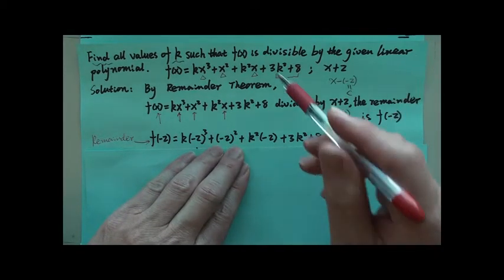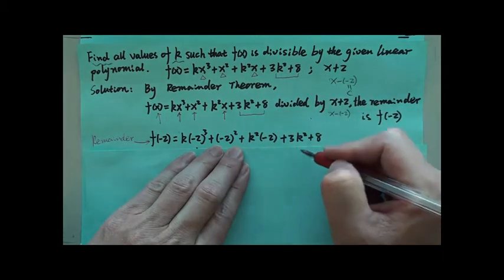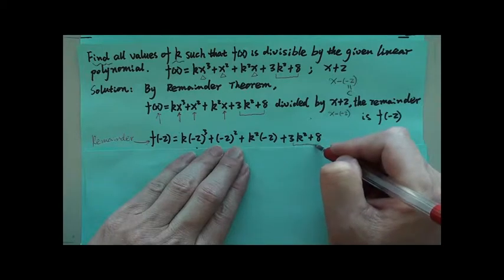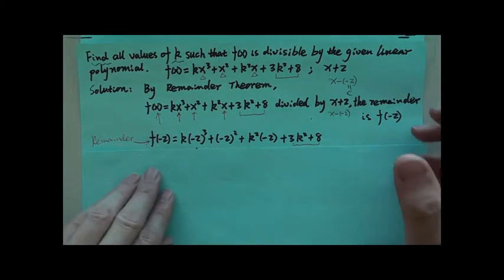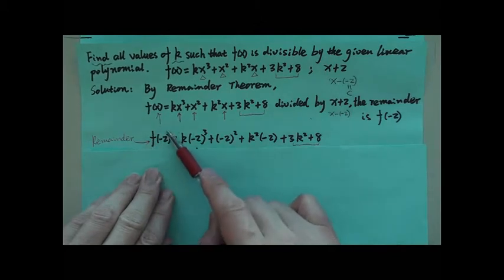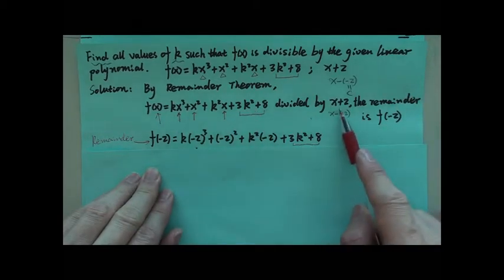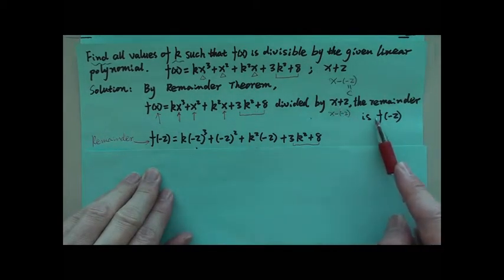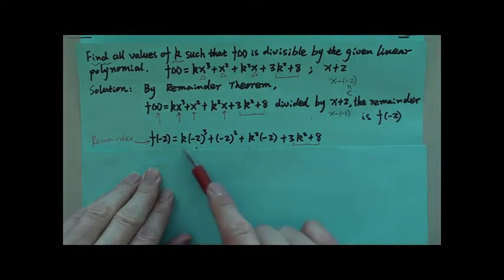The rest of them has nothing to do with x, so you keep it right here: 3k squared plus 8. This is actually the remainder. By the remainder theorem, we know this polynomial divided by x minus negative 2 has remainder f of negative 2. So this is the remainder.